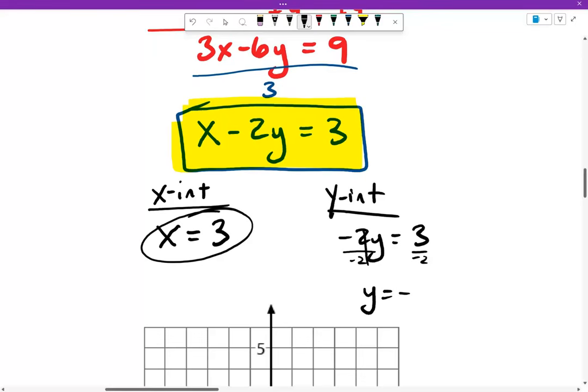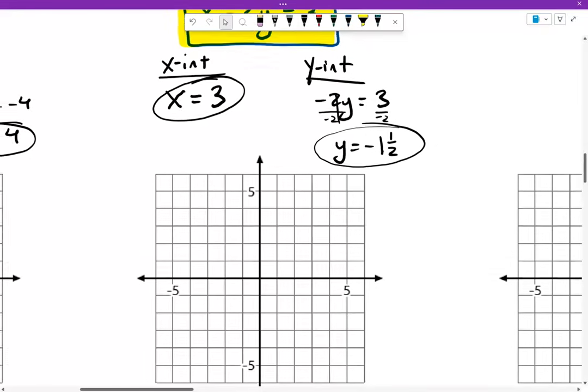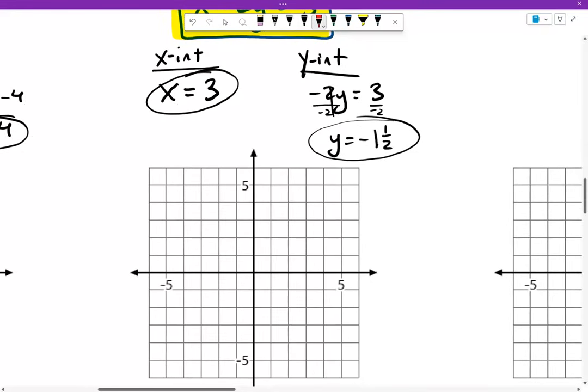And y equals negative 3 over 2, or we'll call it 1 and 1/2. That's a little easier to graph. So on my graph, I've got an x-intercept at 3 and a y-intercept at negative 1 and 1/2 right there. There's my line.